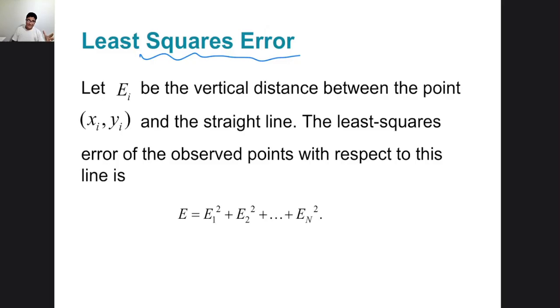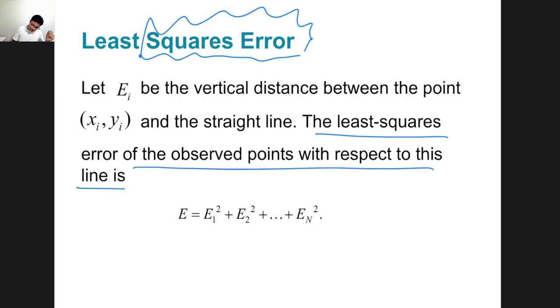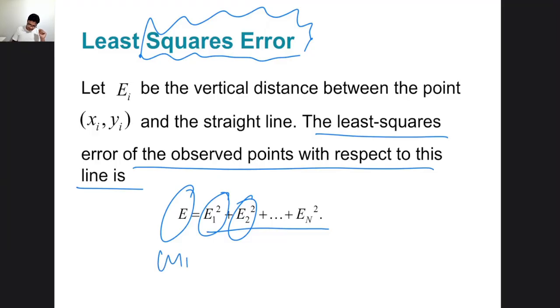When you say best fits, the error is minimum, right? And the least square, so what we do, we take the errors, square them, as I said, so that we don't cancel the plus and minus errors, and then take the sum. Now, what is your goal? Minimize E. That will be our goal.